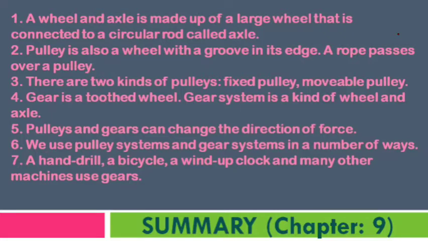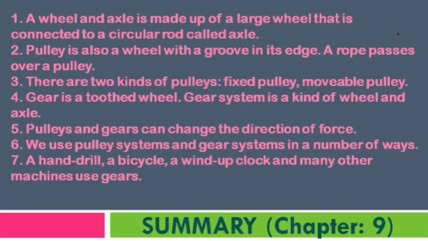Number two, a pulley is also a wheel with a groove in its edge. A rope passes over a pulley. The second machine which we have studied in detail, the pulley, is also a modification of the wheel and axle, and the wheel has a groove inside it, like some space, some depth inside it, through which a rope passes.